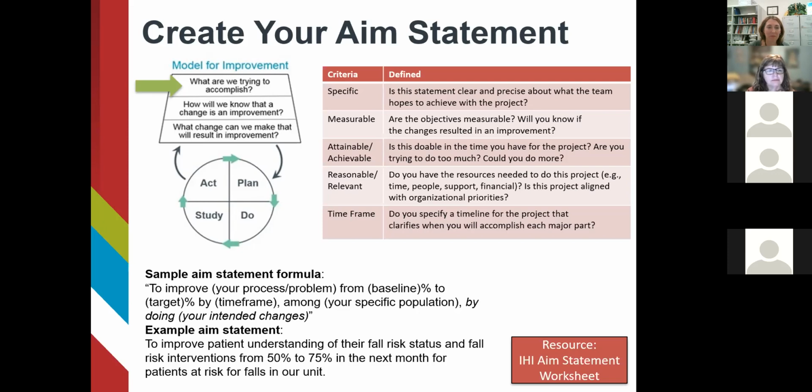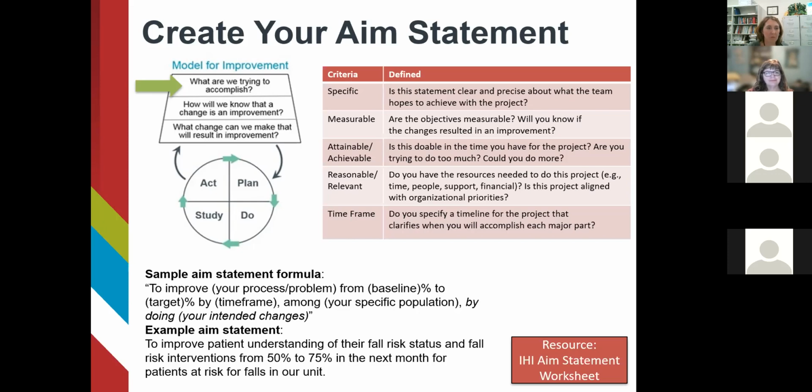If we follow along with our example of trying to improve the outcomes of patient and family education, you might set up an aim statement that says something like, our goal is to improve patient understanding of their fall risk status and fall risk interventions from, let's say 50%, that maybe that's the percent that you identified from your audit process. And your goal is to improve that up to 75% in the next month for patients who are at risk for falls in your specific unit.